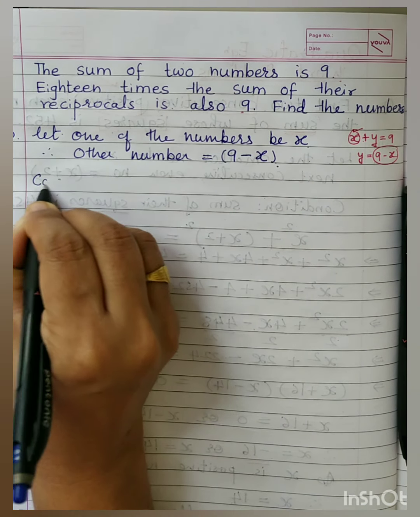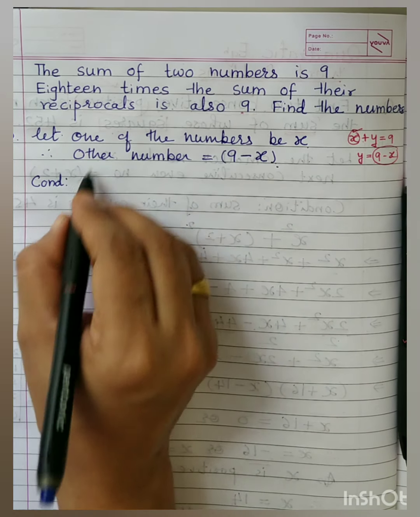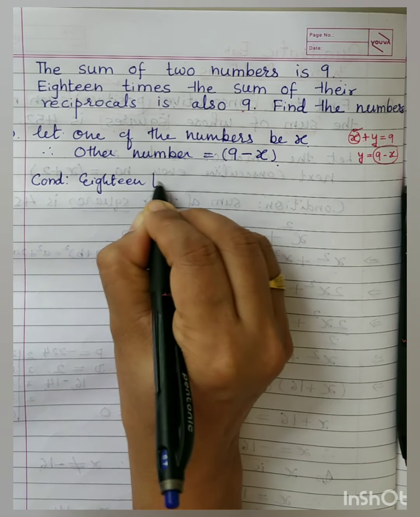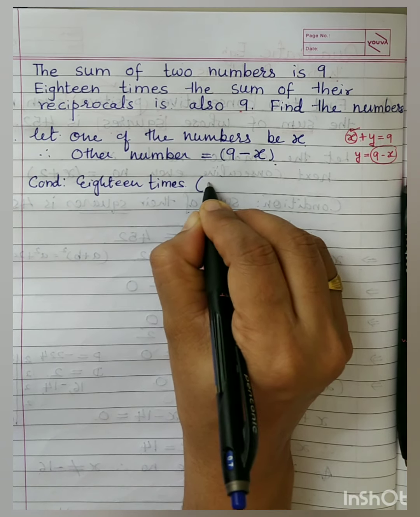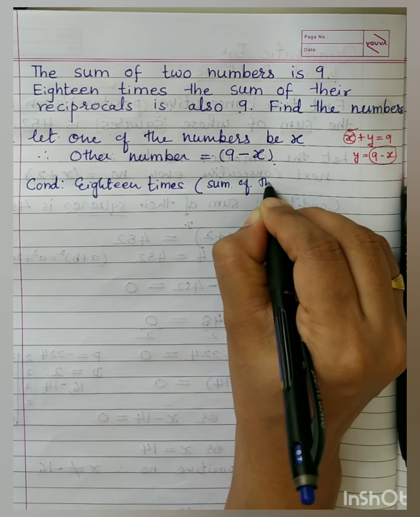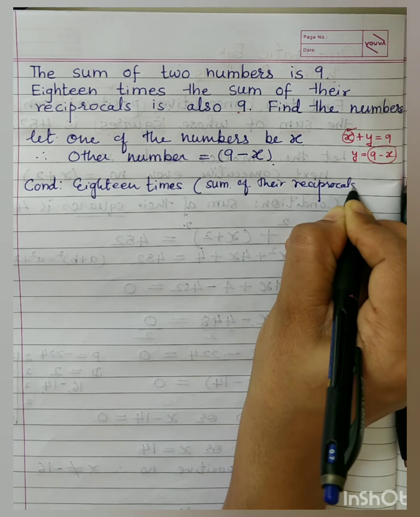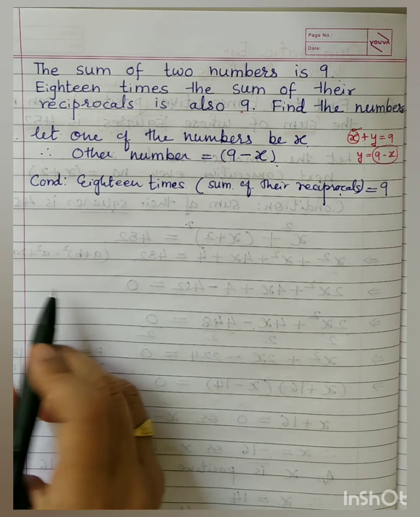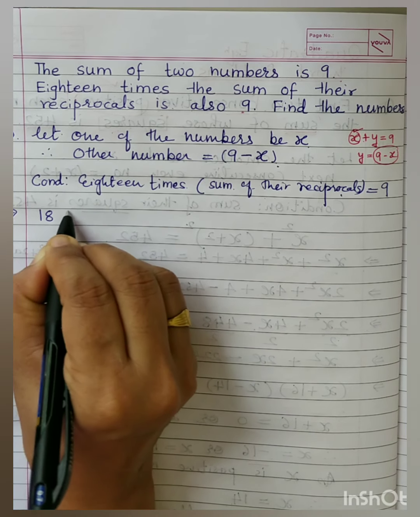The condition is what? For your understanding I am writing it; you can also write it down directly. 18 times the sum of their reciprocals is equal to 9. So how do we get the equation here, children? 18 multiplying.